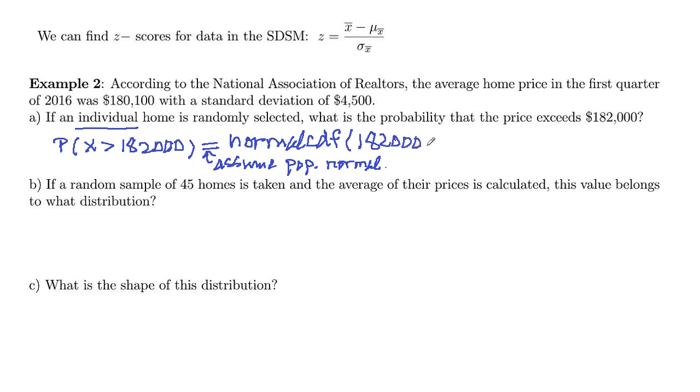Our upper bound, infinity. We could just use a very large number, like 1 times 10 to the 10th. So in your calculator, that'd be 1e10. And then our mean was 180,100, and standard deviation 4,500.